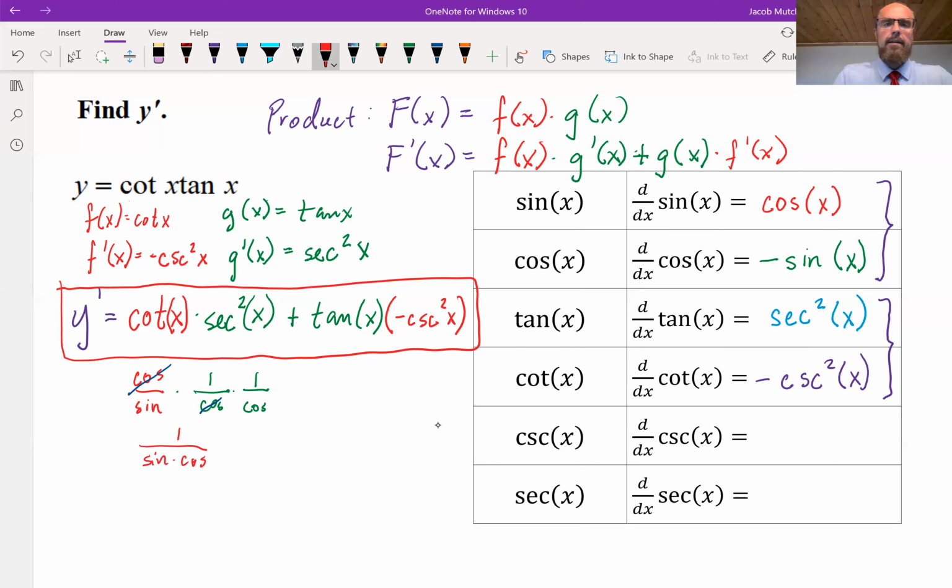Well, let's see if that does anything for us. So I'm going to look at this second product group. So tangent, recall, can be defined as sine over cosine. And then negative cosecant squared x, that negative's on the outside. So I'll put it there once. Let's just put it as a -1. And then cosecant could be defined as 1 over sine.